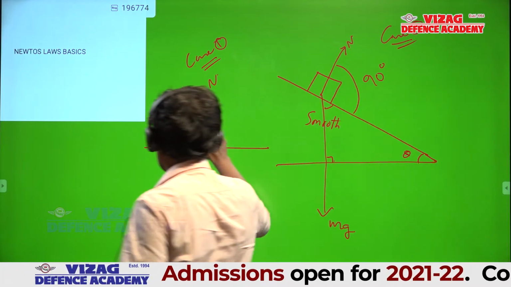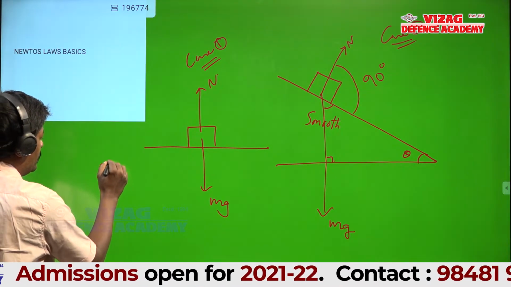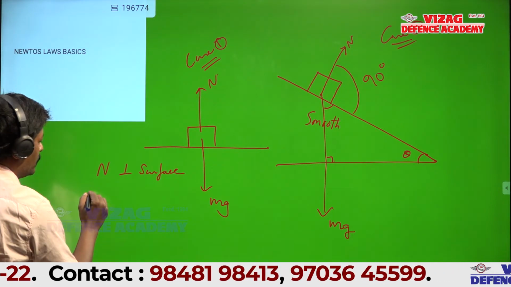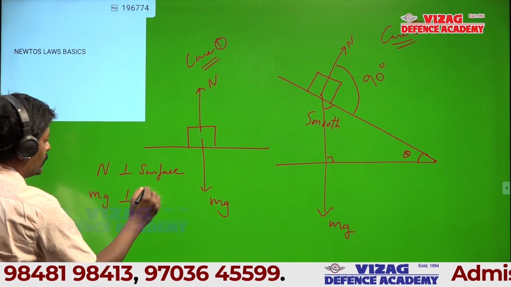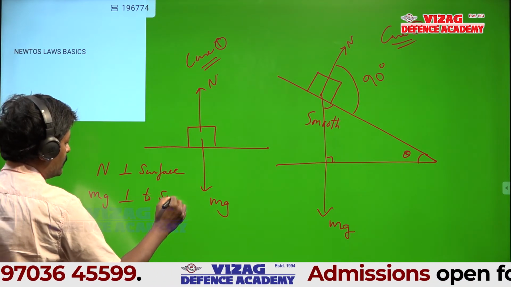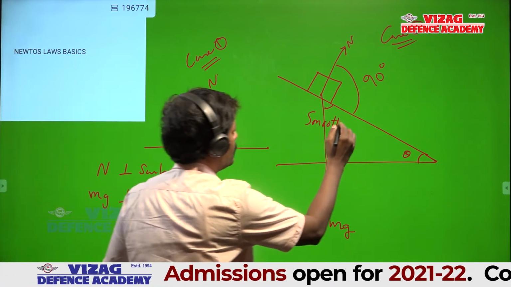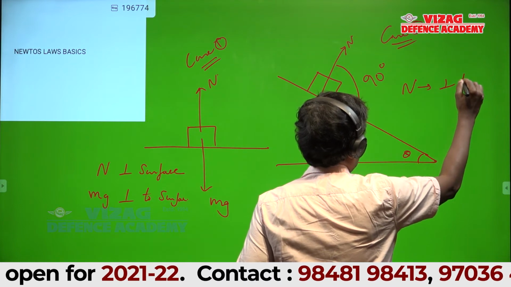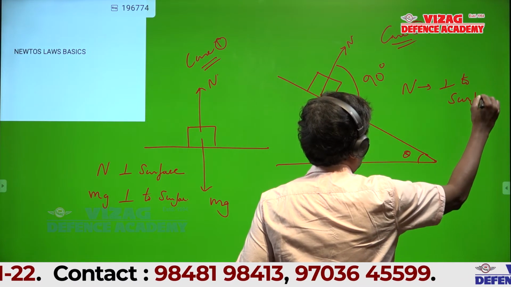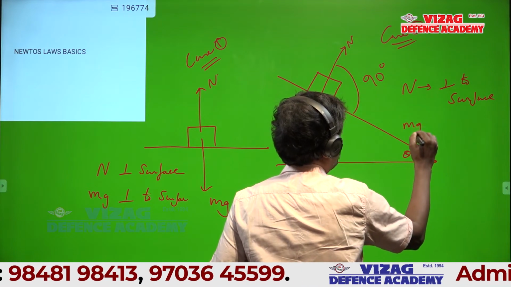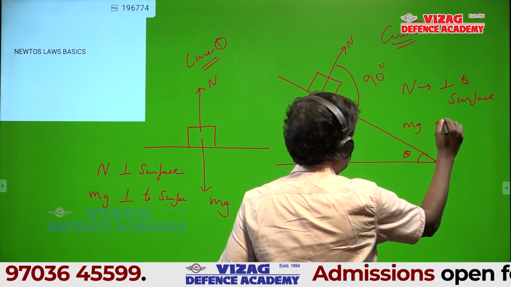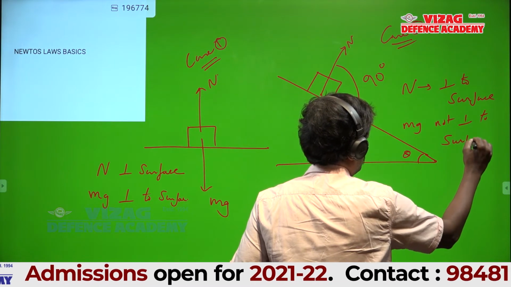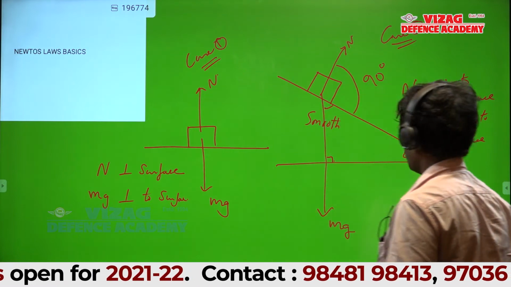In this case, N is perpendicular to surface, mg is also perpendicular to surface. Here N is perpendicular to surface, mg is not perpendicular to surface. Sir, is there a case with 90 plus theta?